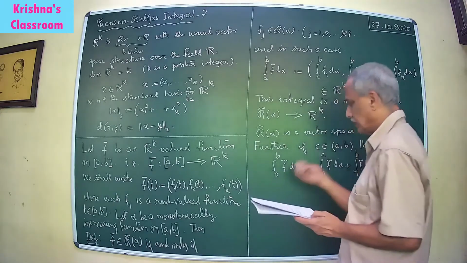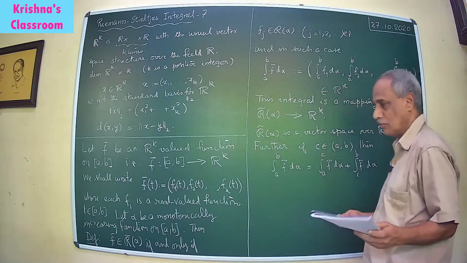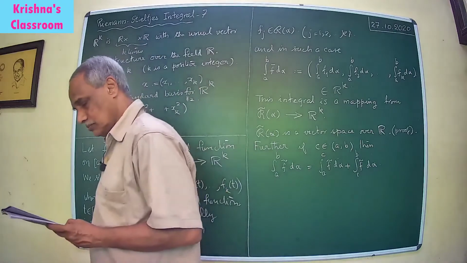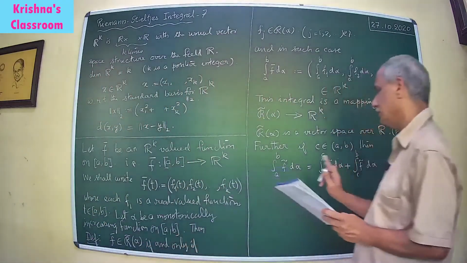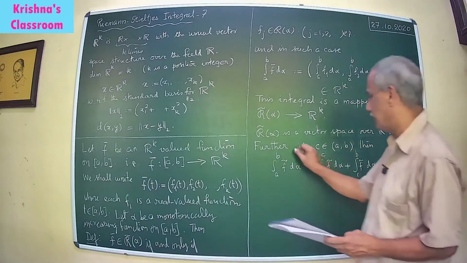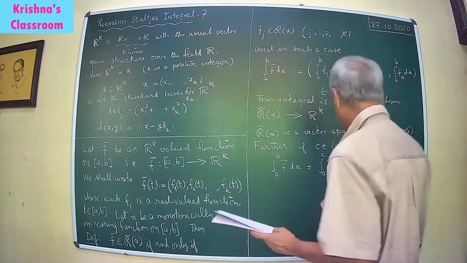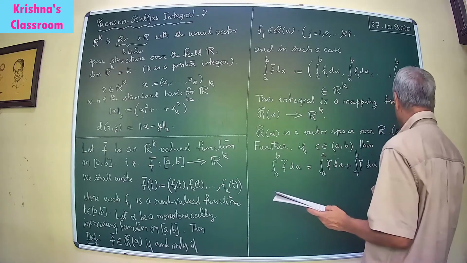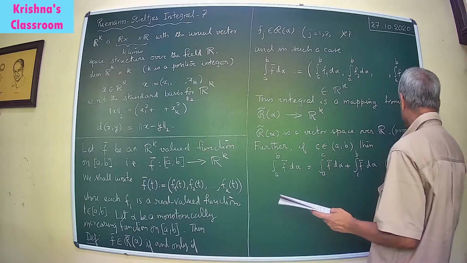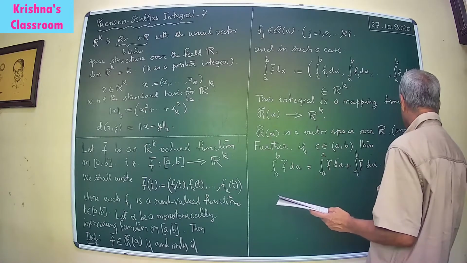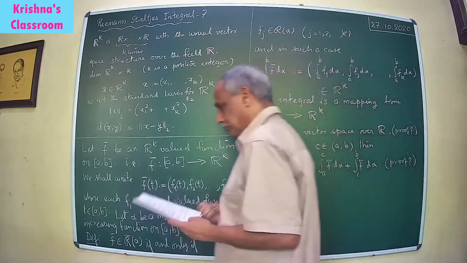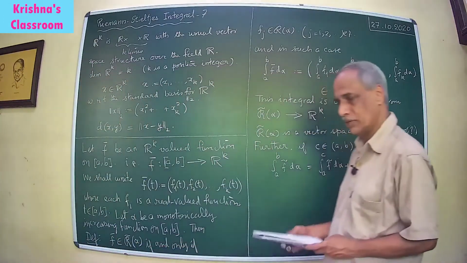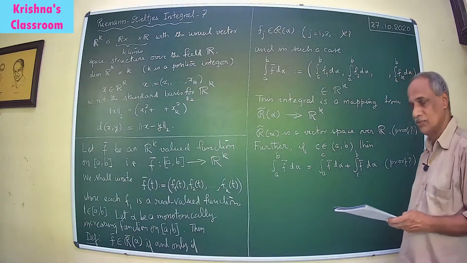One can split the interval, I mean the integral over the interval a to c and then c to b. Now this we have already seen for scalar valued functions. Just use that result to get this result. So once again you supply it. So wherever I put a proof with a question mark, it is up to you to work it out. It's a good exercise to learn the art of writing proofs.